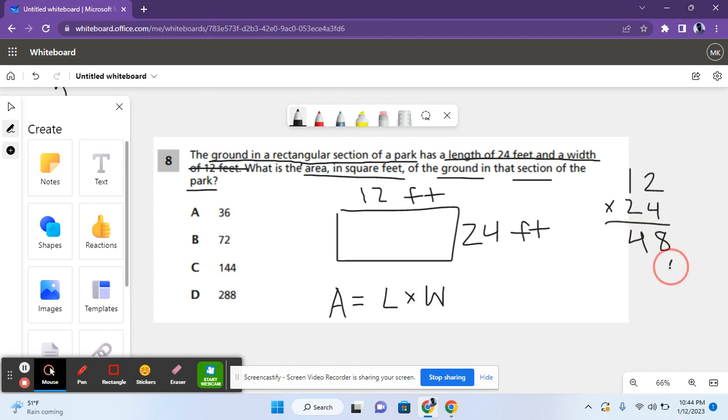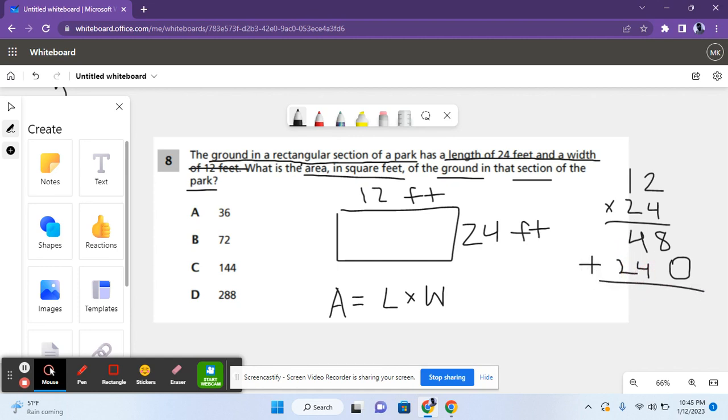You have to add a 0 at the bottom because you just multiplied the 1 in the bottom number, so we have to move on to the tens. 2 times 2 is 4, and 2 times 1 is 2.